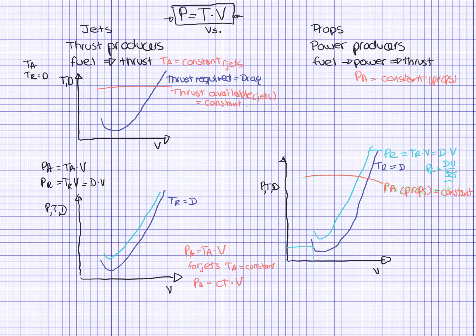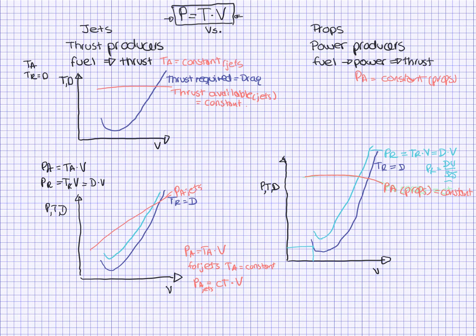So how would that look if we drew it? It's like saying y equals b times x. That's going to be a straight line going up, something like this. So this is going to be power available for jets. It's going to be a constant times velocity.